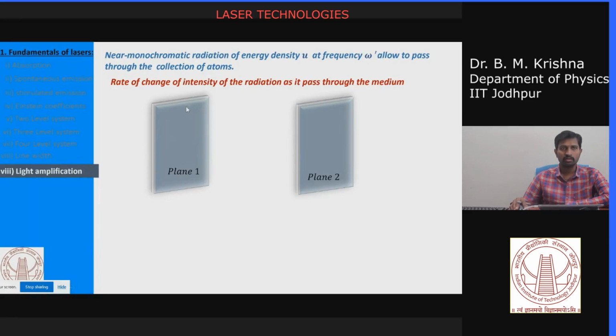So now I am considering the medium, plane 1 and plane 2, which have an area of A, and they are at different positions. This plane 1 is at position z, and this is plane 2 at z plus dz. They are separated by a distance of dz.